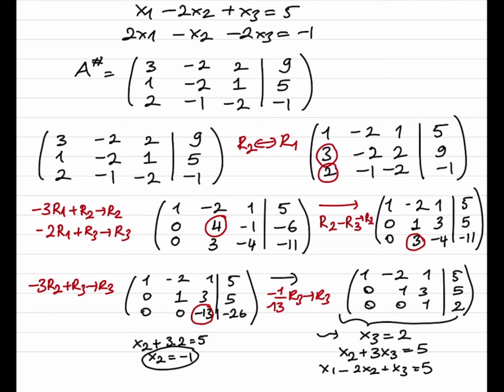Then we will substitute x2 and x3 into this last one: x1 plus 2 plus 1 plus 2 is equal to 5 again. So what is x1? If you compute, x1 is equal to 1, right? So we find x1 to be 1, x2 is minus 1, and x3 is equal to 2.